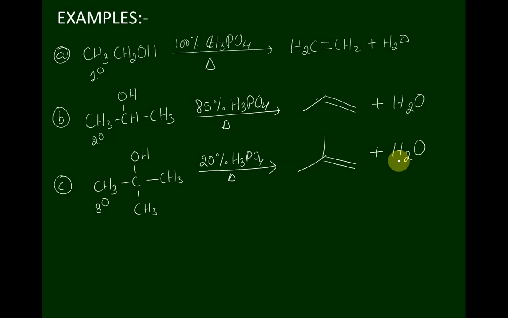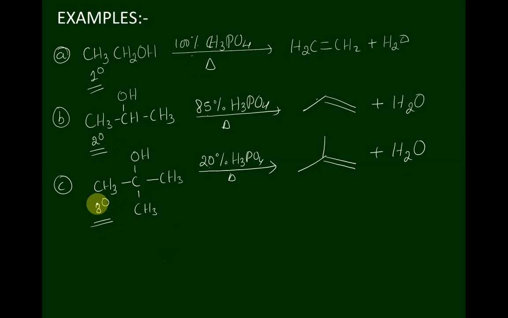But the conclusion we can give by using these 3 examples is that tertiary alcohols are more reactive than secondary alcohols, and secondary alcohols are more reactive than primary alcohols. How can we identify this? By knowing the percentage concentration of acid.